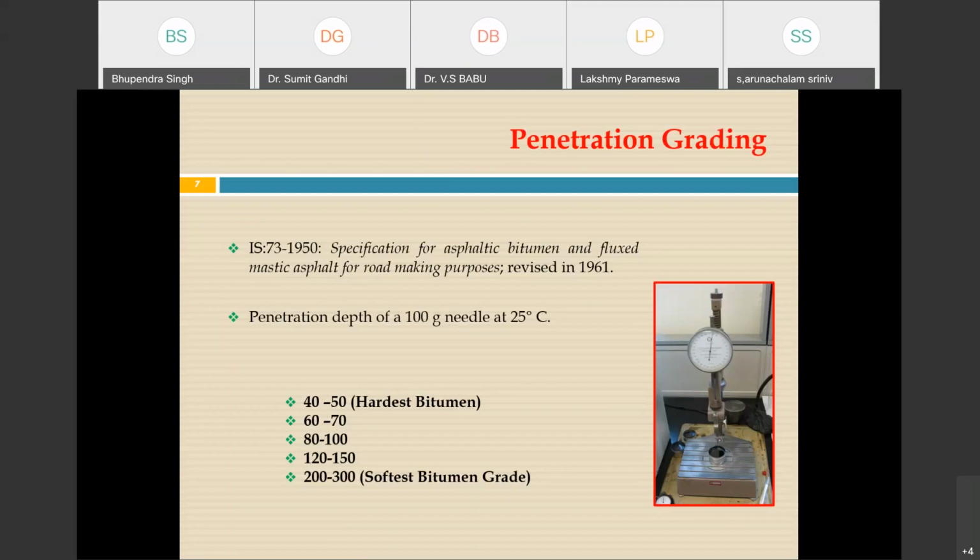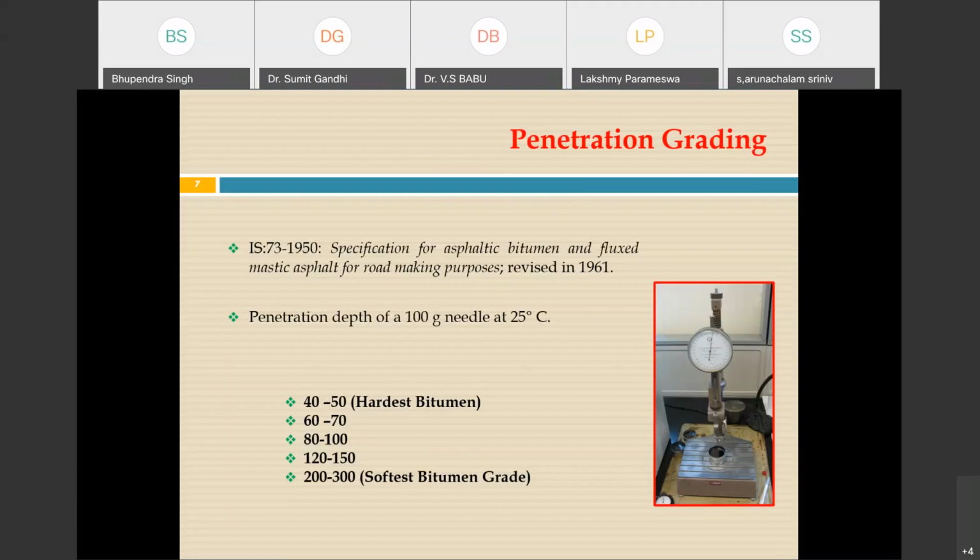Let us assume that our needle has penetrated our sample by 4.5 mm. So the penetration value will be 45. And if the penetration value is 45, then our grade of the bitumen will be 40 to 50. Typical penetration grading is given as 40, 50, 60, 70, 80, 100, 120, 150, and 200 to 300. What does it denote? It denotes the penetration value of the binders.